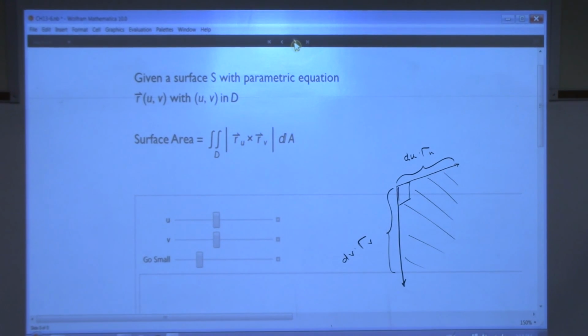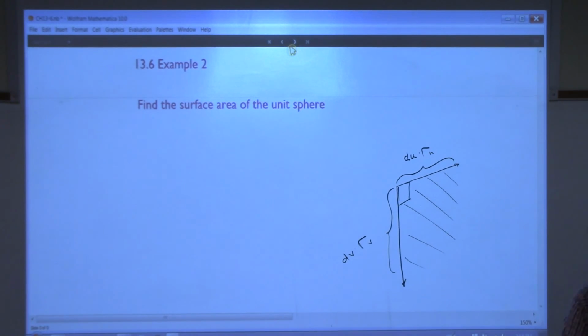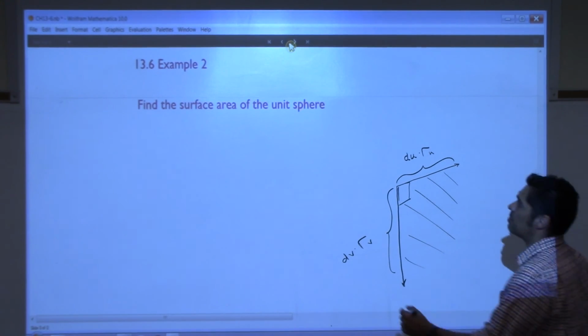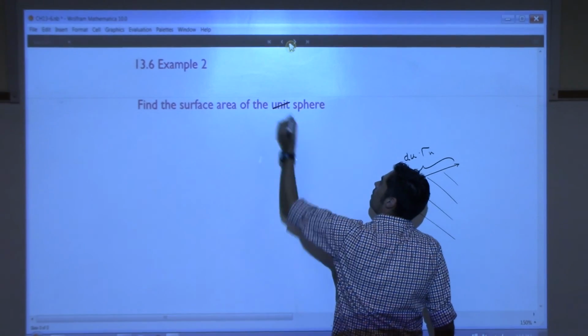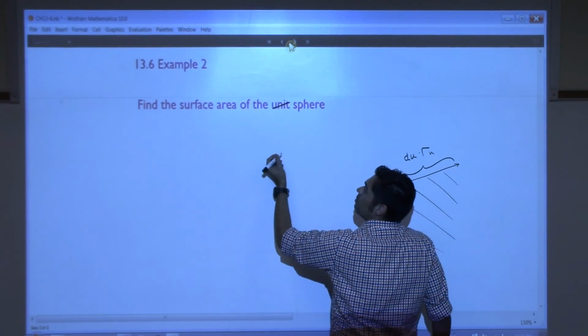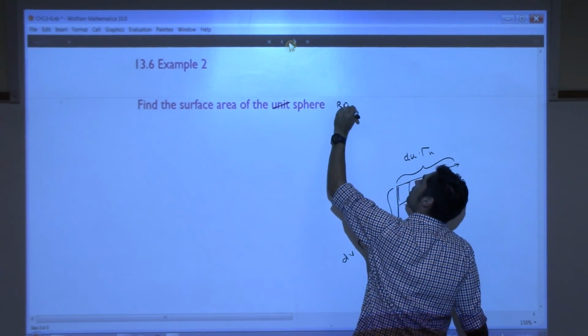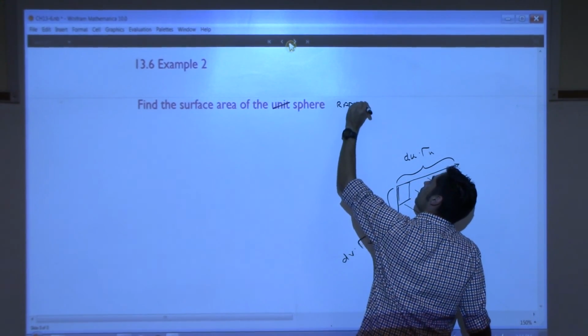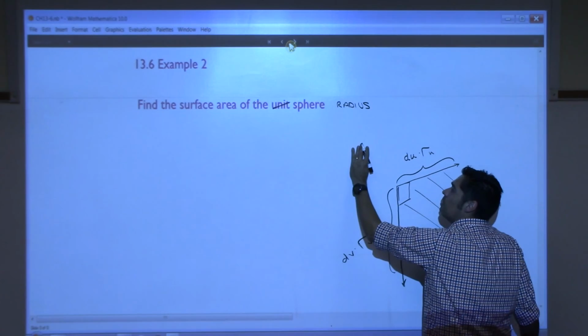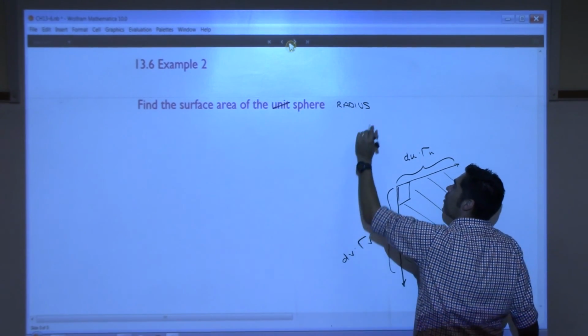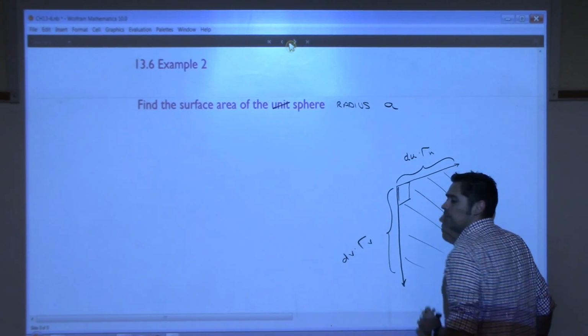Pretty awesome. I want us to find the surface area, and I want to change this. I don't want the unit sphere. That's too boring. Let's find the surface area of the sphere of radius, so we don't confuse it with other r's, radius a.